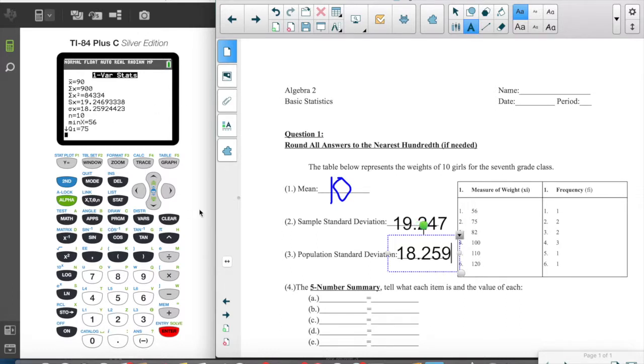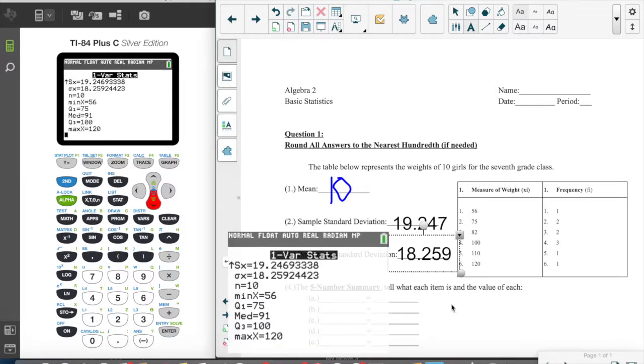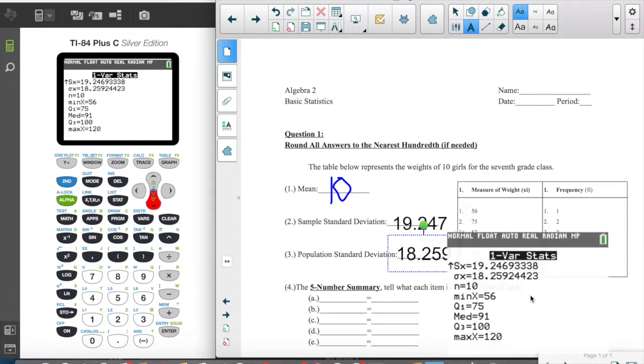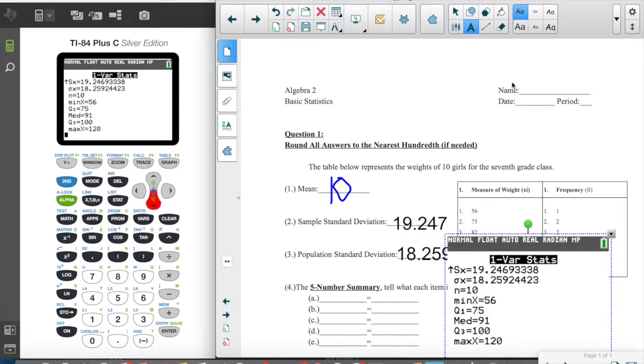So now we're going to take this from the calculator and bring it over and show you the 5-number summary with just drawing the arrows to where each one would go. Now this 5-number summary is going to be helpful as we continue within this problem. Our first value is going to be our minimum, the lowest number as we talked about.